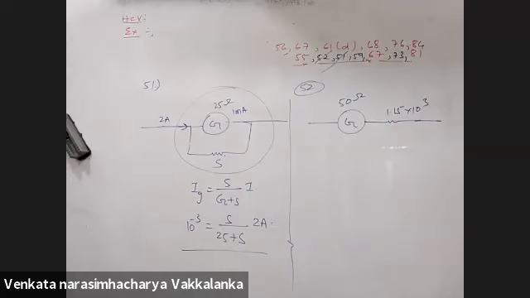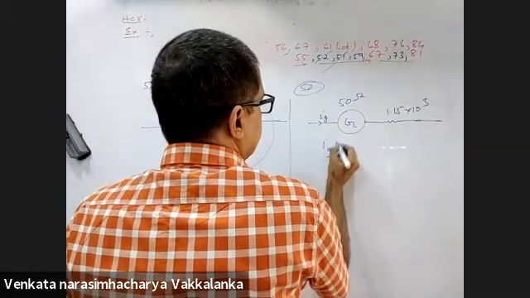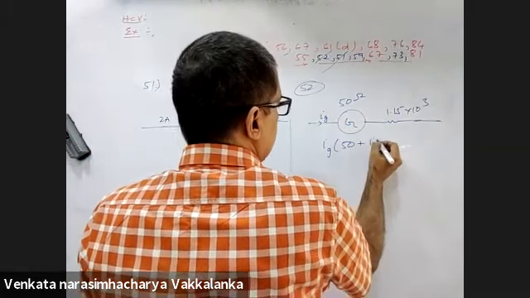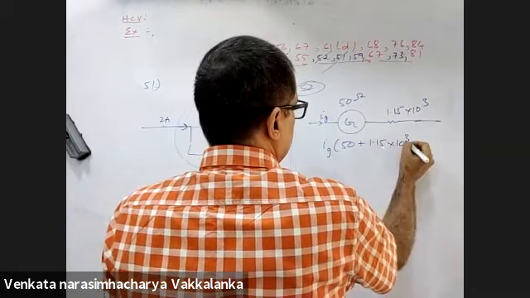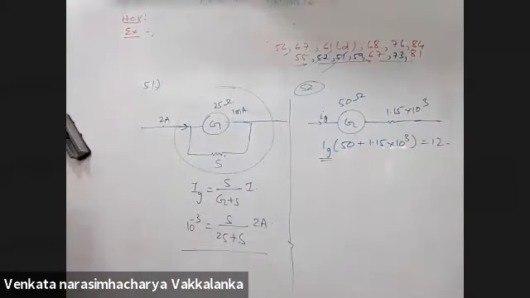It can read potential difference up to 12 volts. 12 means I know IG. IG into (50 plus 1.15 into 10 raised to 3) is 12. Now I get IG, the maximum current I can have through the galvanometer. If the same coil is used to construct an ammeter which can measure current up to 2 amperes, what is the resistance of the shunt?